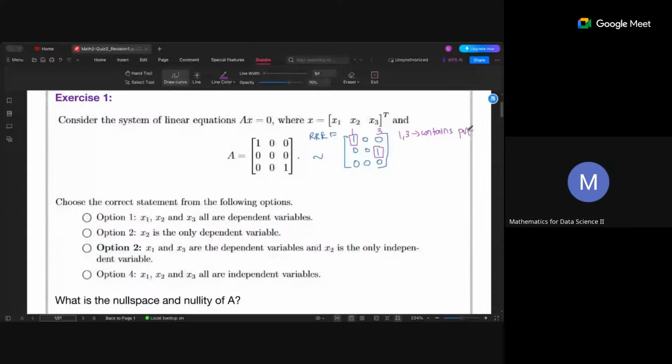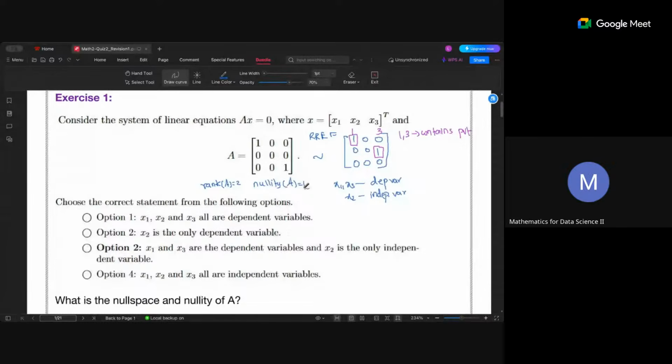If it contains a pivot, then what can you say about x1 and x3? x1 and x3 are dependent variables. So x2 is the independent variable. So what should be the rank here? Rank is 2 and nullity is 1.